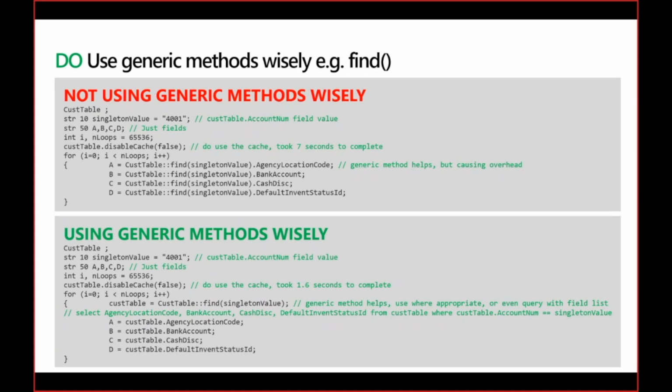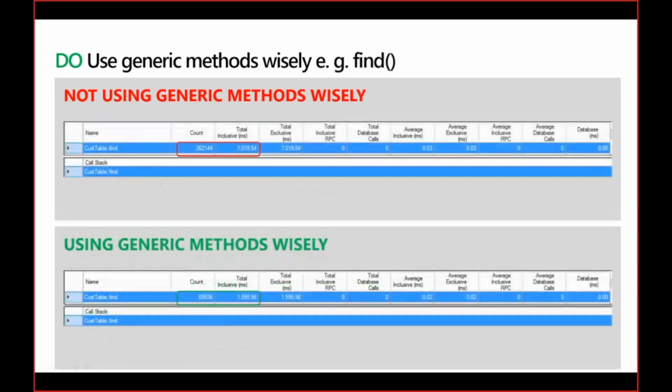There's one comment to this, and we could go for an alternative solution. You could also use a query with a field list, which is a comment made at the bottom part here in the code. If you compare the traces, then you can see that when you are not using generic methods wisely, it's around 7 seconds versus 1.6 seconds on the CustTable find method when we are using them wisely.